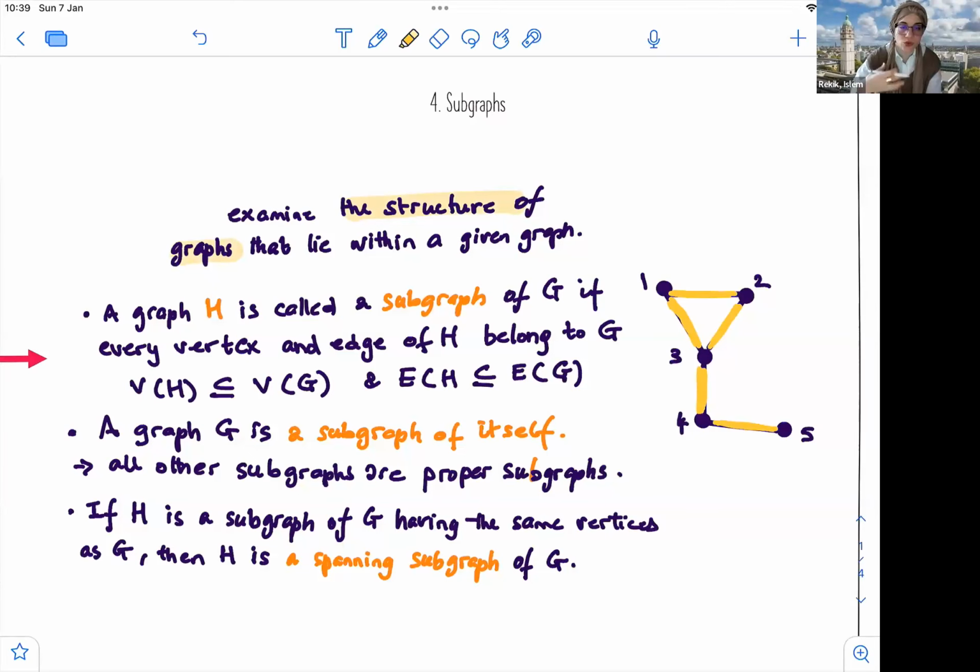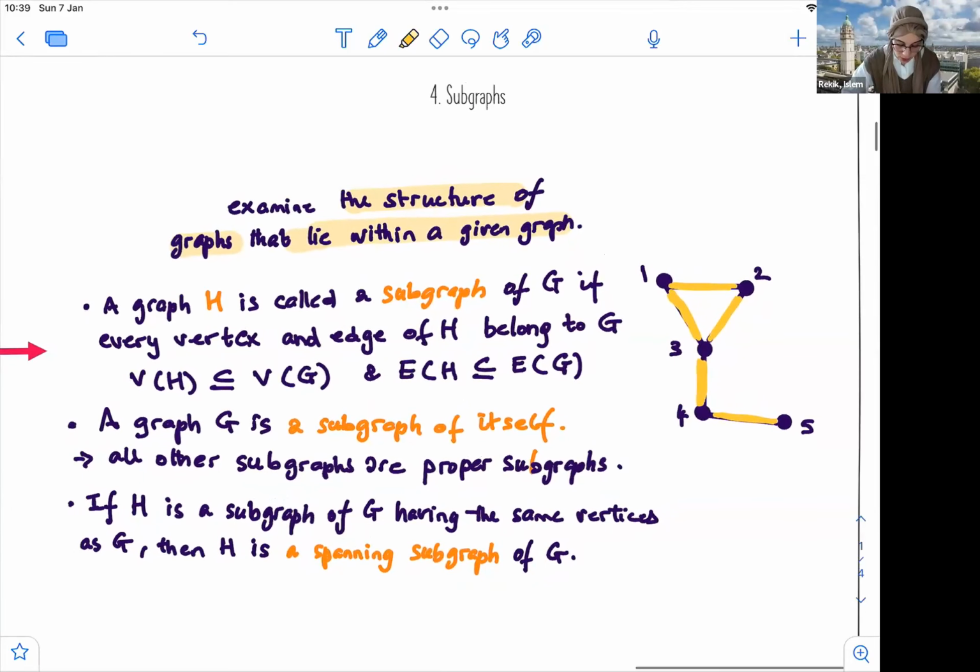So the subgraphs allow us to examine the structure of graphs that lie within a given graph, okay? So a graph H is called a subgraph of G if every vertex or node and edge of H belongs to G, okay? Which means we need to extract all edges that are connected to that subgraph, and also all nodes, to make sure that it is actually a subgraph.